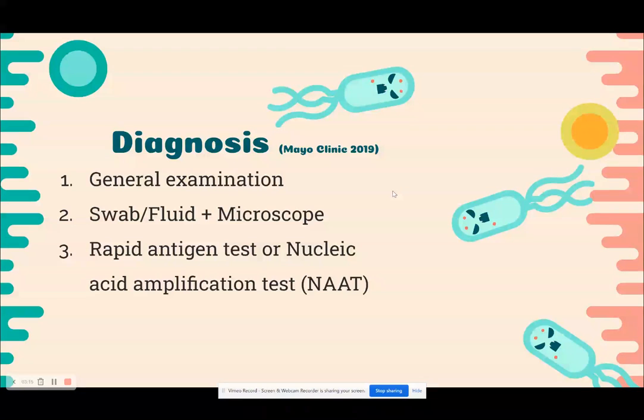However, for the 70% of people who don't have symptoms, but are still concerned that they may have contracted trich from somebody else, rapid antigen testing, or nucleic acid amplification tests, NAAT for short, are also able to be used to determine whether trich is present or not.